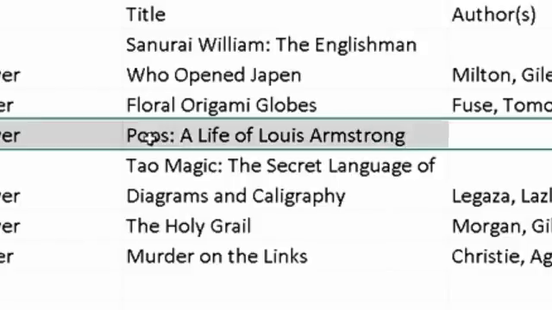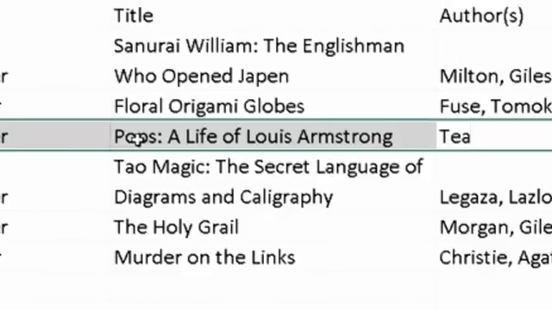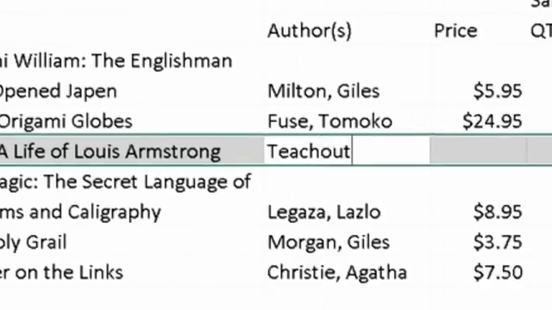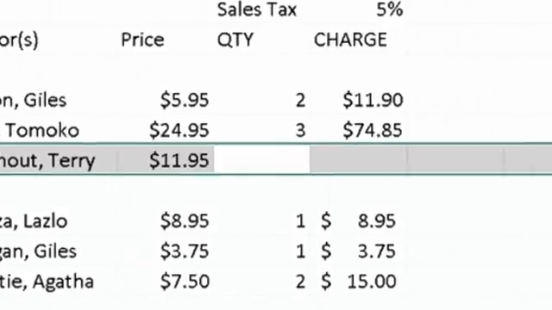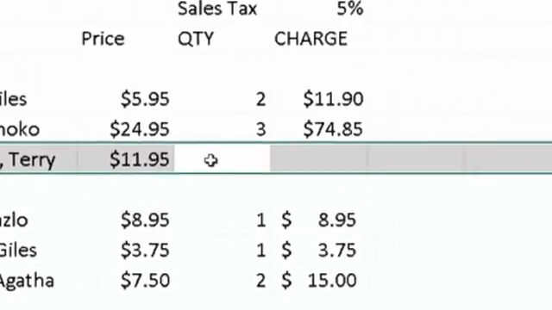And we're gonna put last name Teachout. First name Terry. Tab over, we're gonna put in the price of that book, which is $11.95. And they've ordered 2. All right, so now we have to put in our formula again.